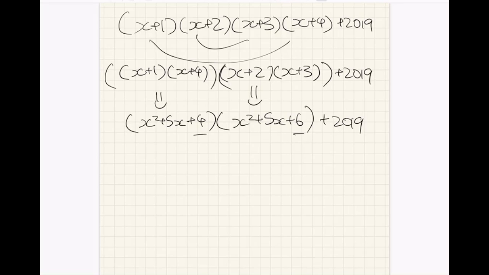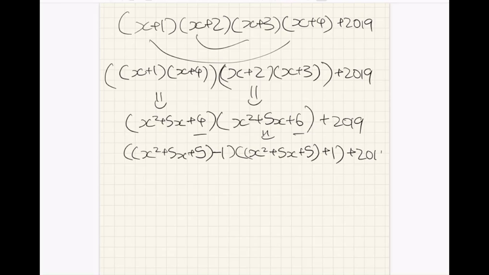So this makes us think of the difference of squares. If we arrange this, it becomes x² + 5x + 5, and then this is minus 1 because it's actually 4. And then this expression right here is going to be x² + 5x + 5, however now it's plus 1 because in reality it's plus 6. Then we add 2019 to the very end.